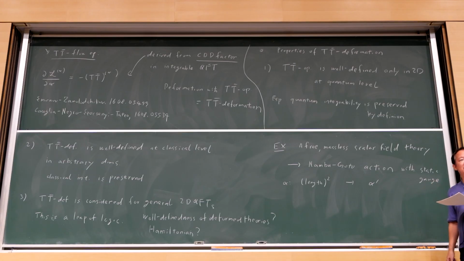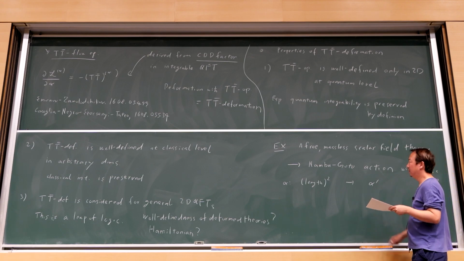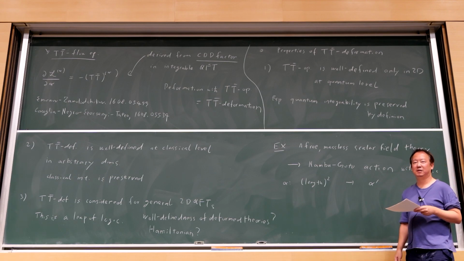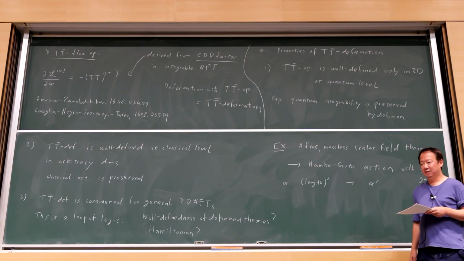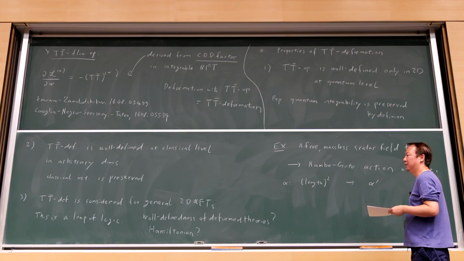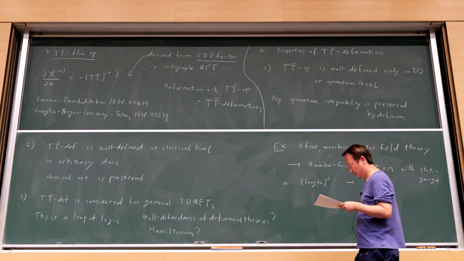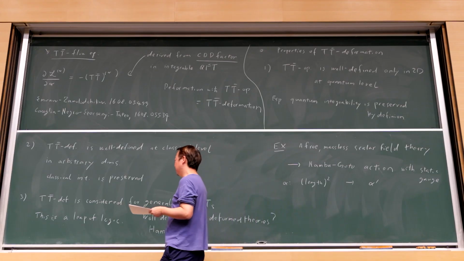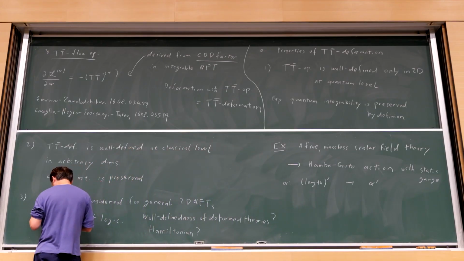I will skip the derivations of these Nambu-Goto actions. But anyway, this is the landmark example of TT-bar deformations. Actually, according to these examples, the TT-bar deformations got popular, and a lot of people studied TT-bar deformation.